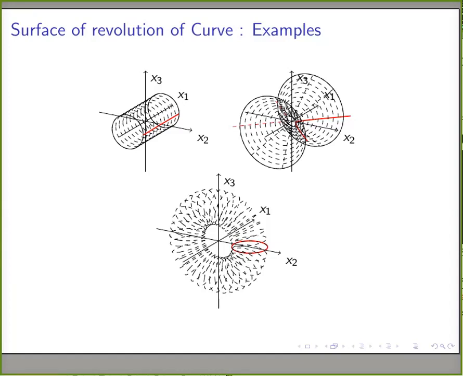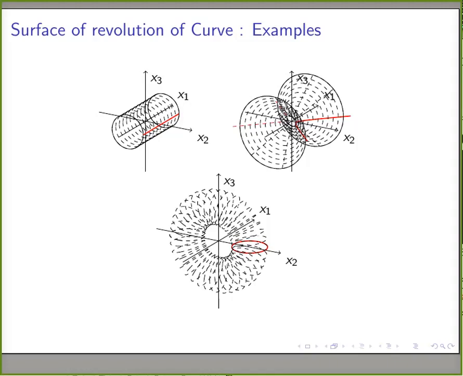This hyperbola contains two arcs, one in the positive x2 plane and second in the negative x2 plane. We need only the curve on the positive half plane, so the other is drawn in dotted lines. So we take the part of the hyperbola on the positive x2 plane, and we are revolving this hyperbola about the x1 axis.